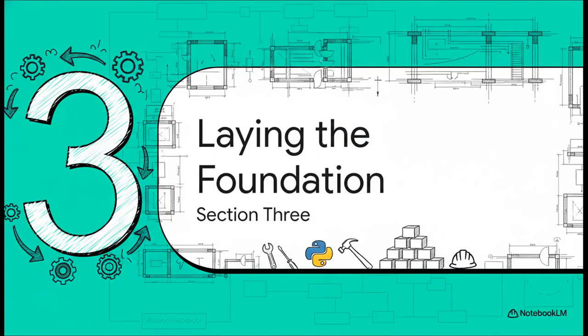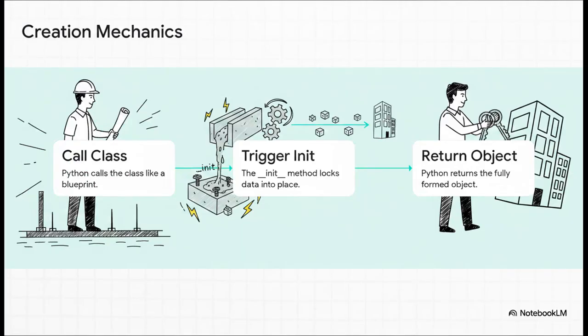Section 3. Laying the foundation. So we know what the blueprint is, we know what the finished building is, and we've officially met our construction crew. Now let's look at the mechanics of creation. What literally happens behind the scenes when you tell Python to start building? Well, step 1, you call the class, like typing User with parentheses in your code. This is you handing the blueprint over to the general contractor and saying, build this.